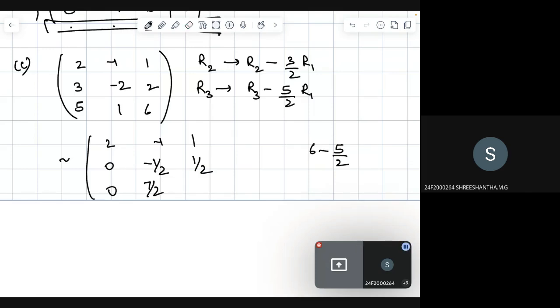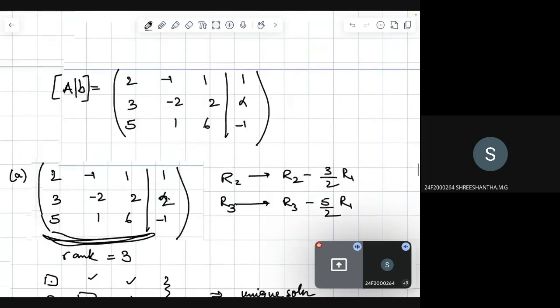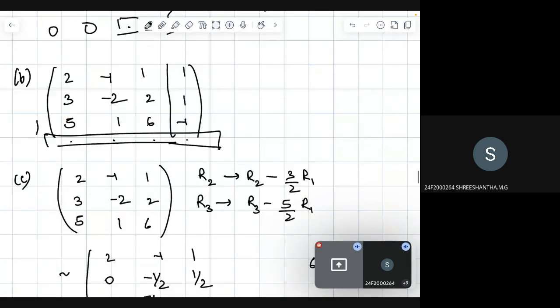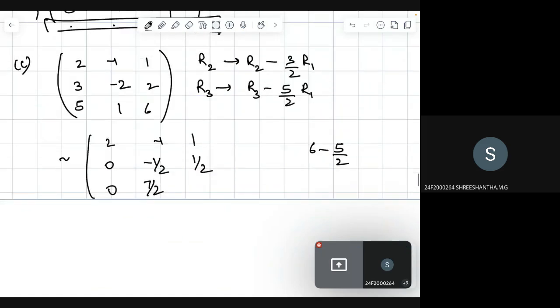Ma'am, we have taken the same matrix now, so we will get same rank. I did not calculate it here. The rank will come out as 3. I'm showing that it will come out as 3. 6 minus 5 by 2, this will come out as 12 minus 5 by 2, which is 7 by 2, right?